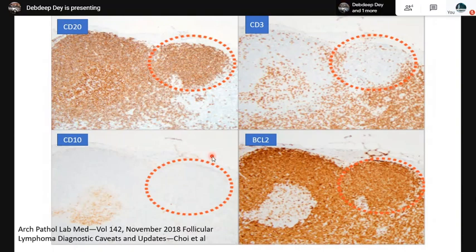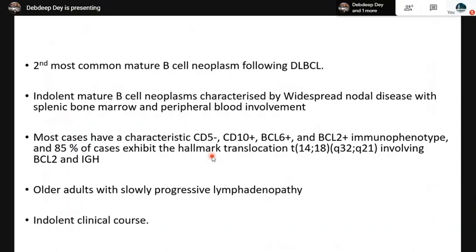So follicular lymphoma is the second most common mature B cell neoplasm following DLBCL. It is characterized by widespread nodal disease with splenic, bone marrow and peripheral blood involvement.